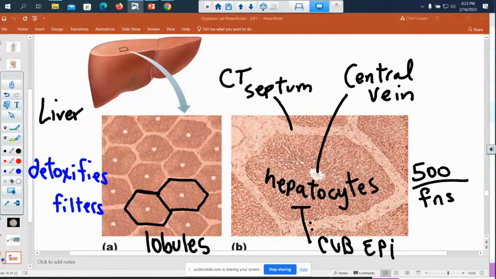It helps to regulate blood sugar. It holds your sugars, and then it can release them. It makes plasma proteins. It does so much, but it's a very important organ, okay? I just wanted to remind you of that part of it.